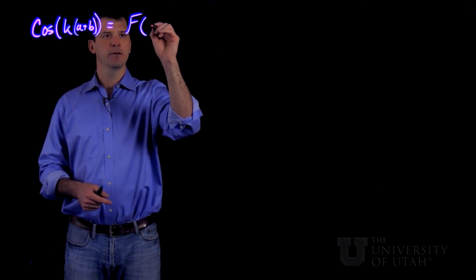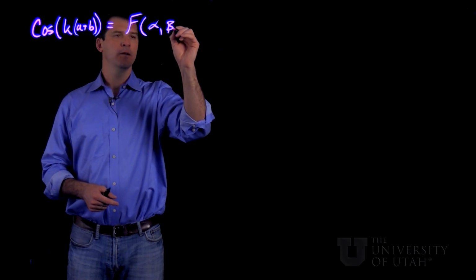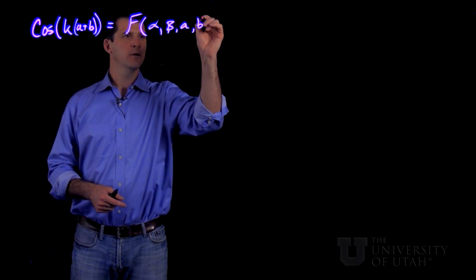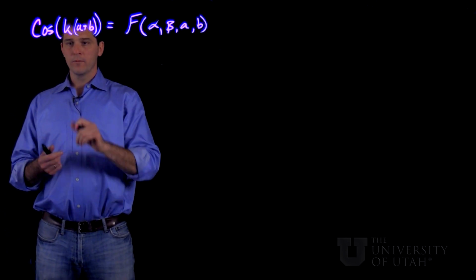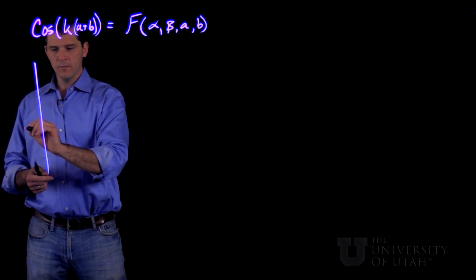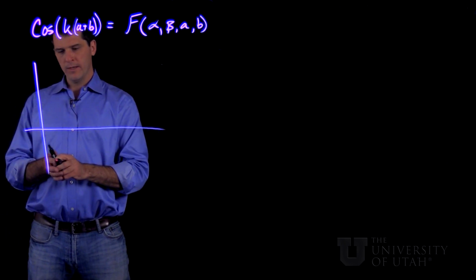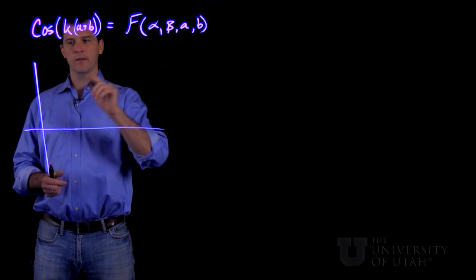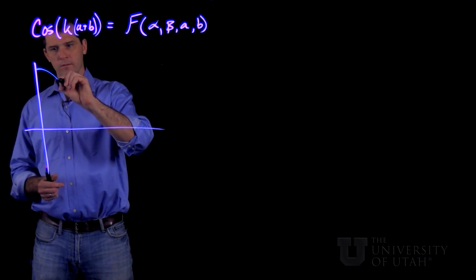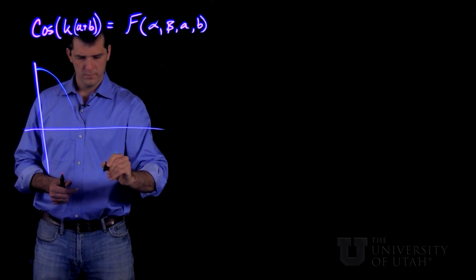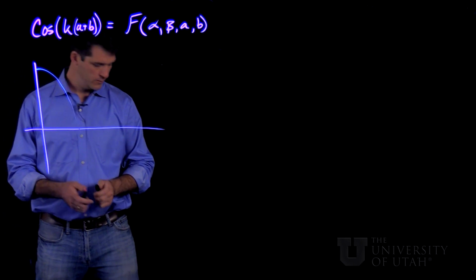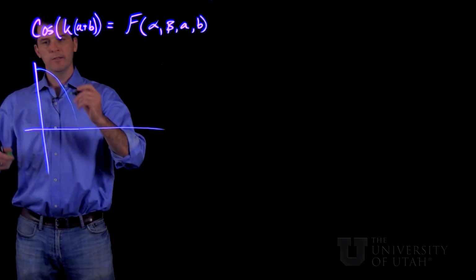Some big function here of alpha and beta, and it turns out a and b also. So what I'm going to draw is schematically the right-hand side of this equation. So that will go in green, I guess.